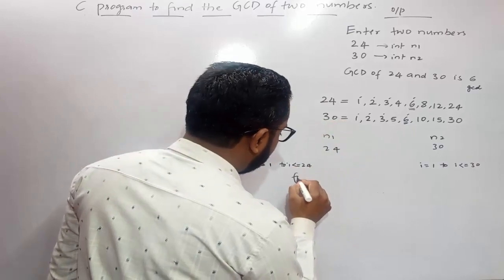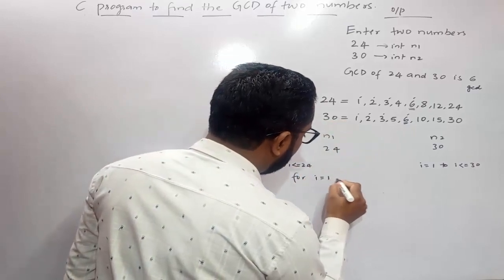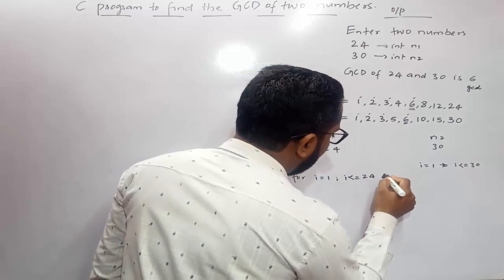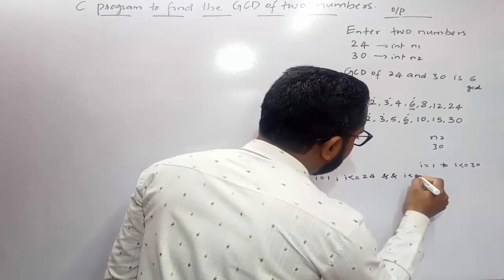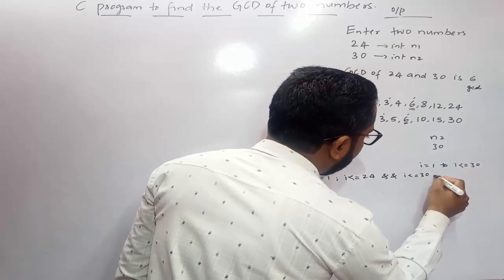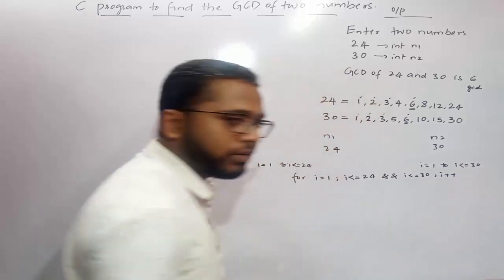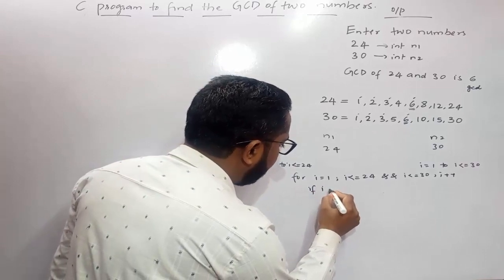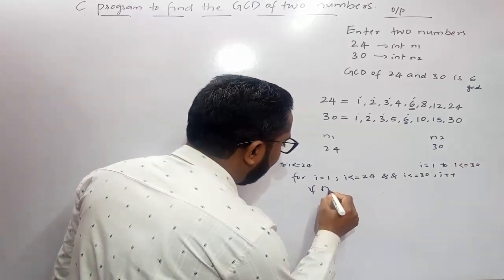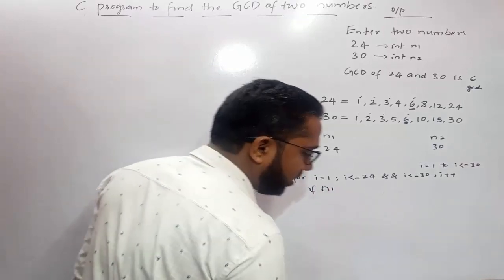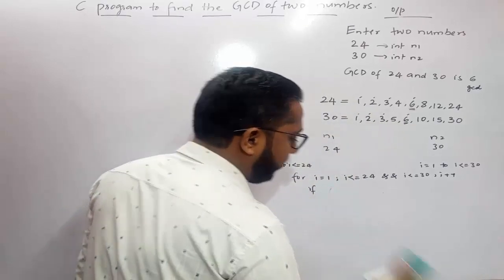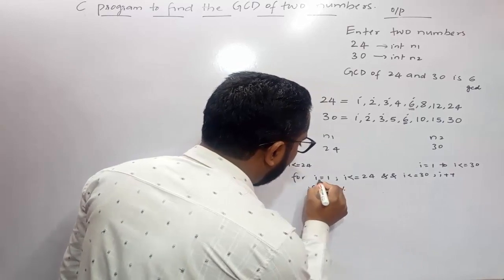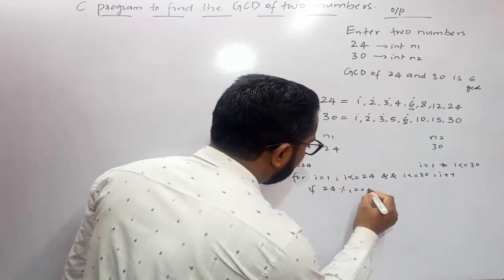So let us start here. For I equals to 1, I is less than or equal to 24, and I is less than or equal to 30, I plus plus. Then I will check if n1, which means 24, mod I, which is 1 now, is equal to 0.